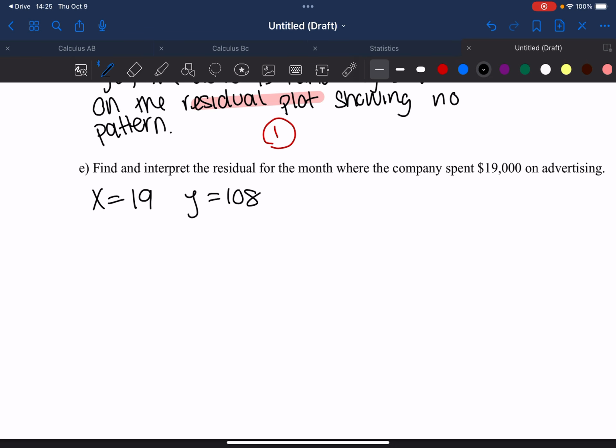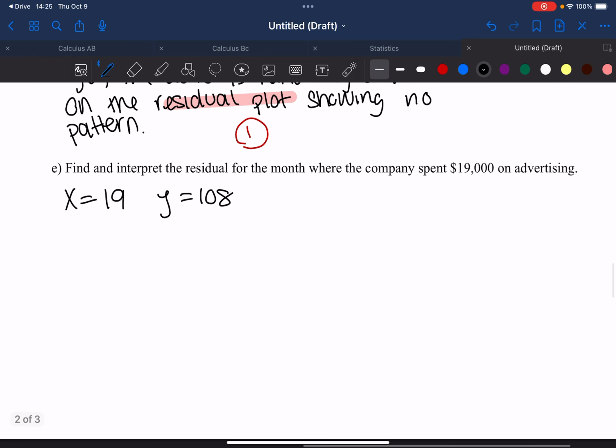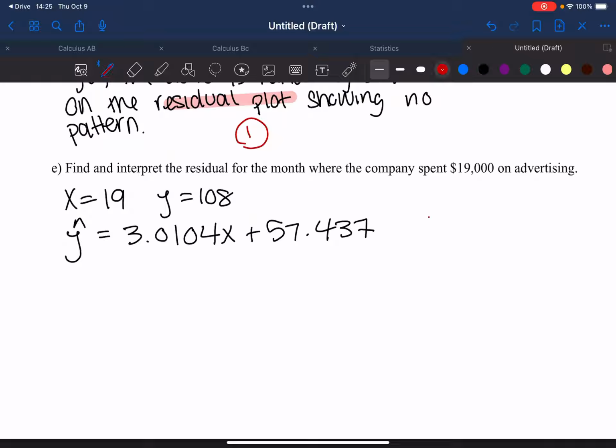Okay. We could also look at the table, and based off the y-intercept and the slope, we could do our y-hat equation. So y-hat is equal to 3.0104x plus 57.437. This was 1 point. Then you had to plug in those values to find your y-hat value.